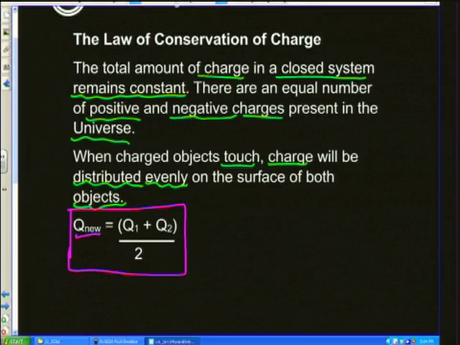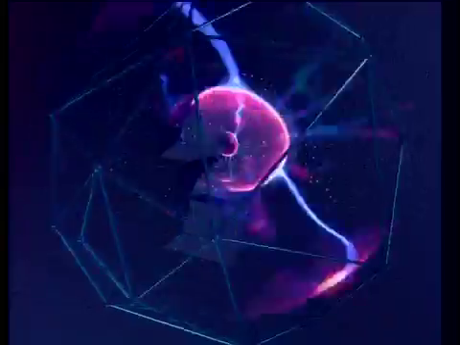So understand this formula, which is very, very important. It is applied when we consider the fact that charge is conserved. Charge can neither be created nor destroyed. It can only be transferred from one object to another.